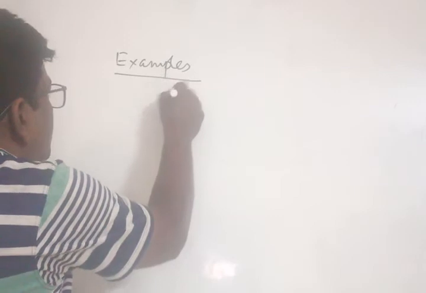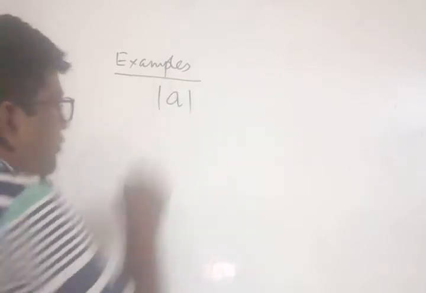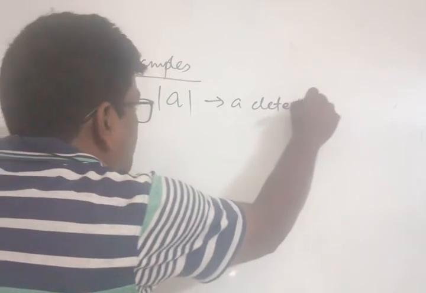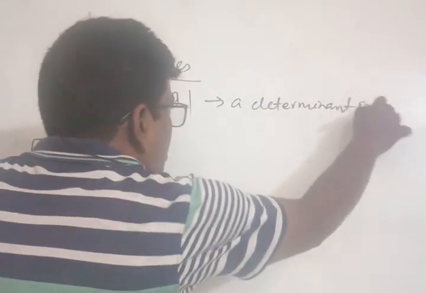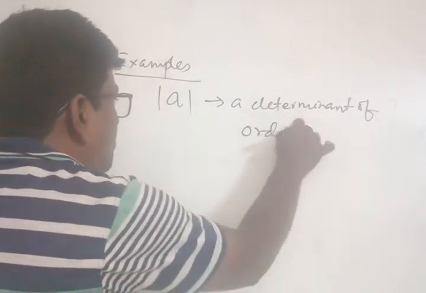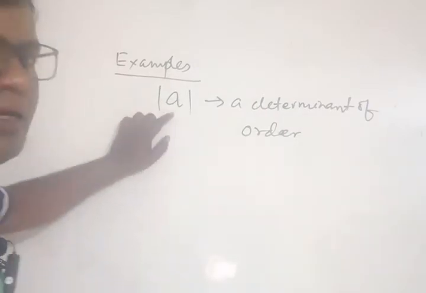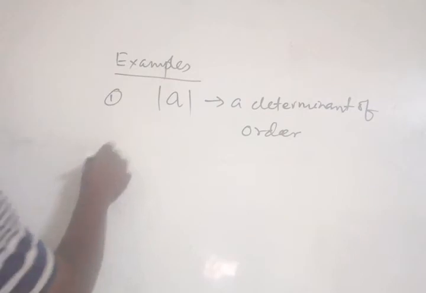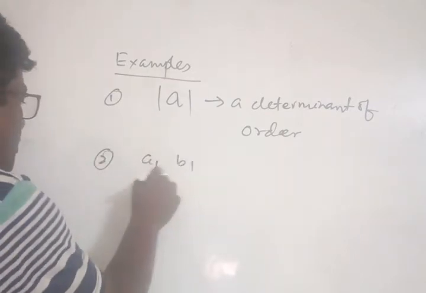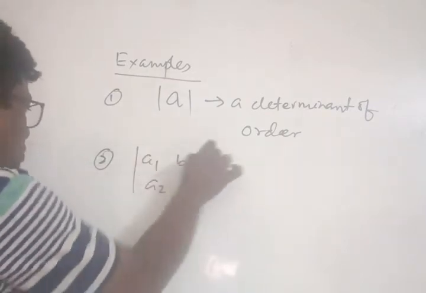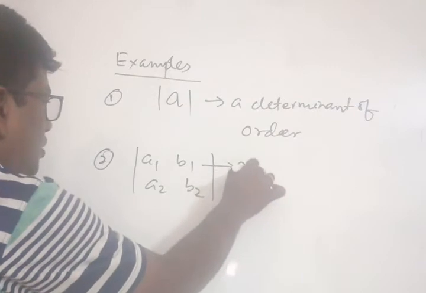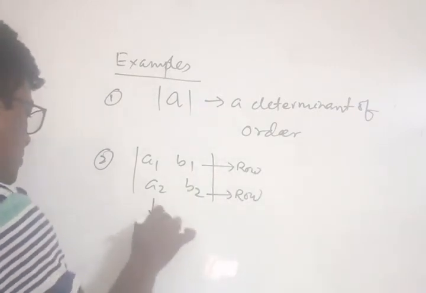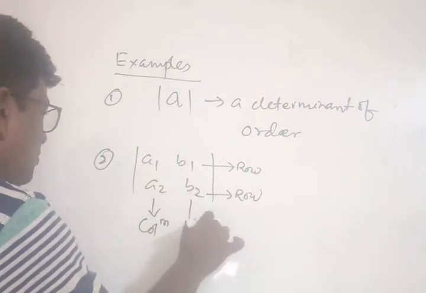Suppose this is A. This is a determinant of order 1, because there is a single row and a single column. Then A1, B1, A2, B2: this is a row and this is a row, and this is a column and this is a column.